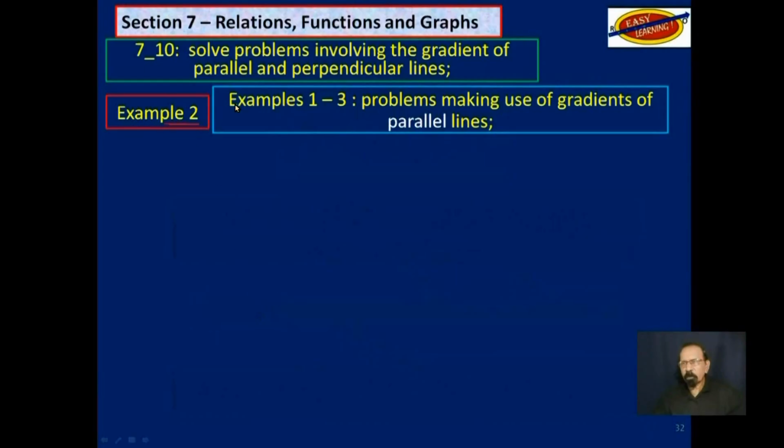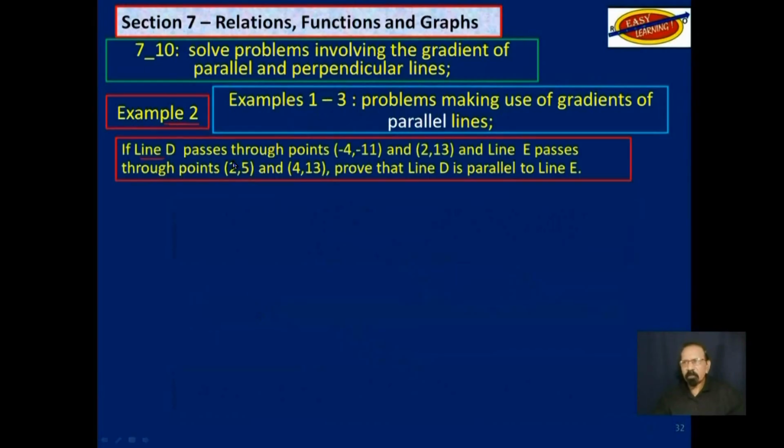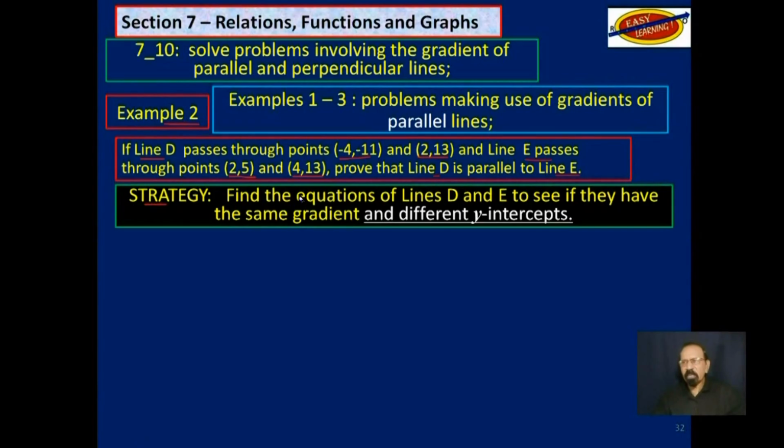Example 2 or question 2. If line D passes through the points (-4, -11) and (2, 13), and line E passes through the points (2, 5) and (4, 13), prove that line D is parallel to line E. So the strategy we will use is to find the equations of lines D and E to see if they have the same gradient and if they have different y-intercepts.